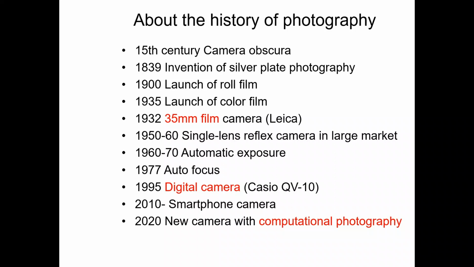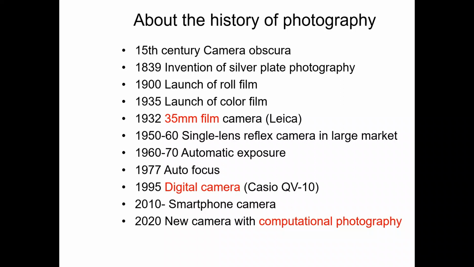But after the 35 millimeter film spec was standardized, almost all films changed to 35 millimeter film. So anywhere in the world you travel, you can buy 35 millimeter film, load it into the camera, and capture images anywhere on earth.